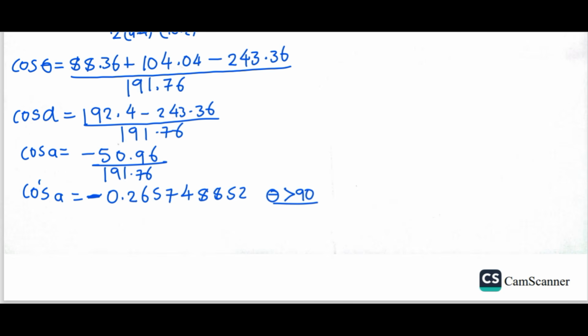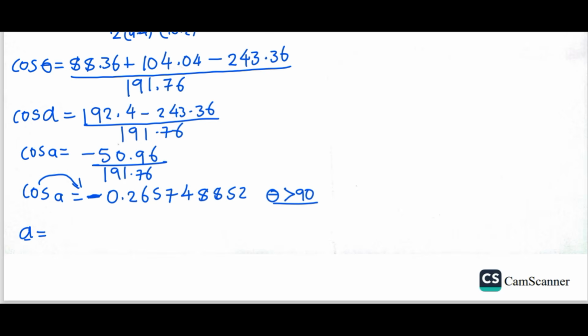So we are expecting to have a number greater than 90. Let's see. We have angle A is equal to, shift cos of negative 0.265748852.